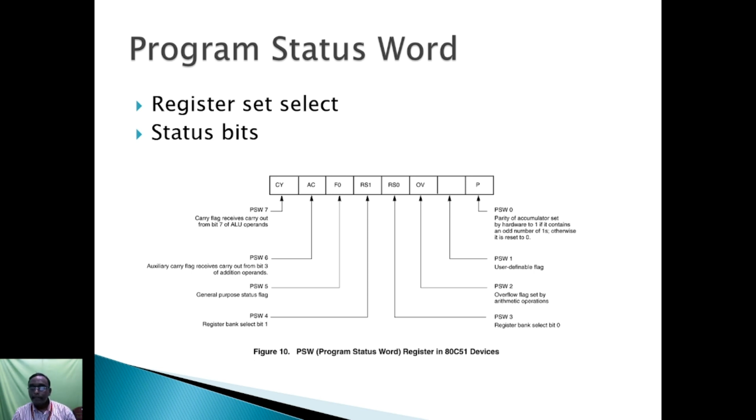P is PSW0, the parity of the accumulator, set by hardware to 1 if it contains an odd number of ones, otherwise reset. So an odd number of ones means odd parity, otherwise even parity.